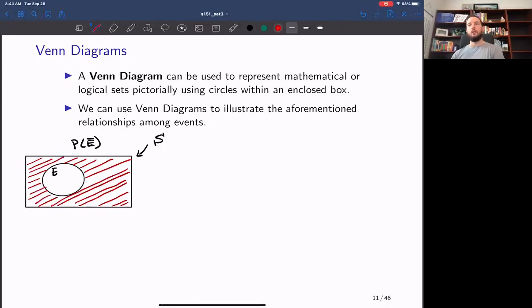So if the box is our sample space, the probability of observing the complement is basically the area outside of the event of interest. So everything that is not included within the circle.